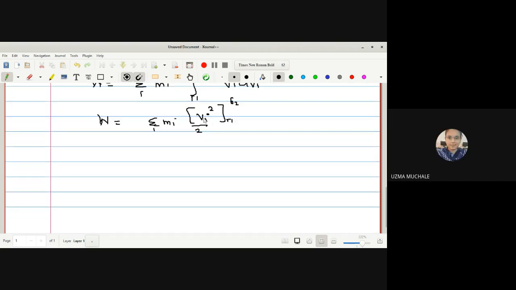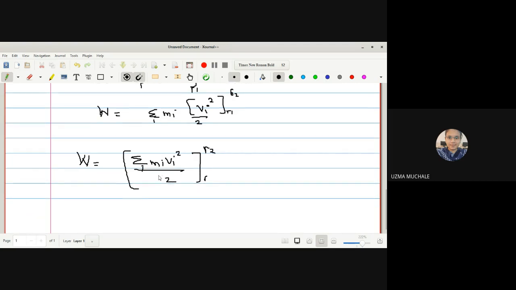Now again this is vi square divided by 2, and r1 and r2 are the position vectors of the particle at positions p1 and p2. So the formula for the work done we can now write, in brackets, as summation over i of mi vi square divided by 2 within the limits r1 to r2. Now can anyone tell me the value of this whole term?